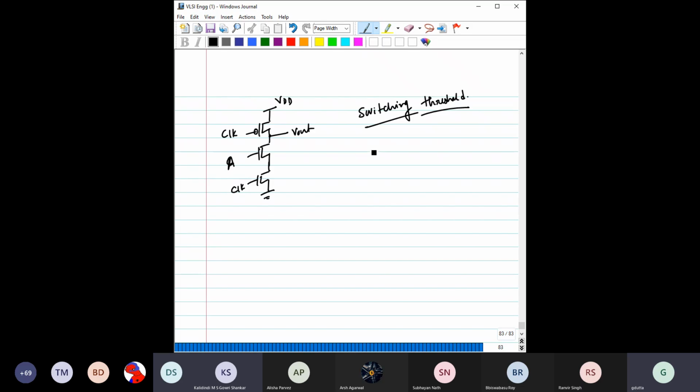So then from that concept, try to explain where the switching should occur. First of all, when can the switching occur? Switching can occur only in the pre-charge state or the evaluation state. Which state?